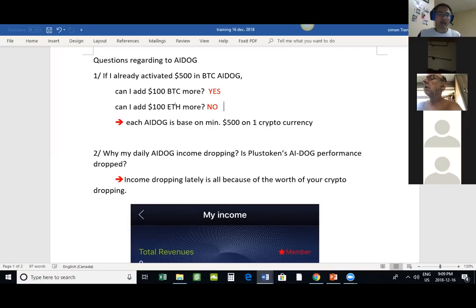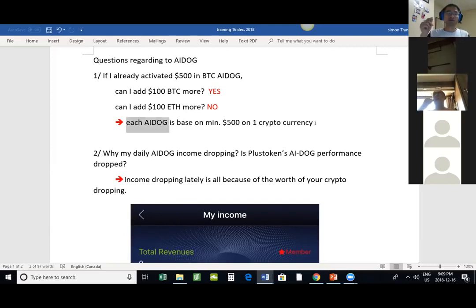Every single cryptocurrency, every single AI doc, has a minimum to start of $500. So for any of the 8 cryptocurrencies that we have, BTC, Ethereum, Litecoin, Ripple, Dash, Dogecoin, EOS, you can start with a $500 minimum.